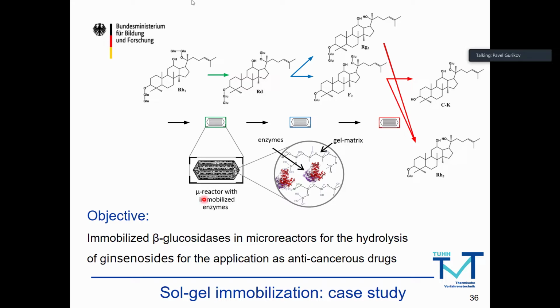Given that the enzyme is stable and the gel matrix is stable, you can inject very, very small quantities, and that was crucial for the project, because the amount of the purified extract of this initial compound, RB1, was quite small. We could not create a big reactor and study enzymatic hydrolysis by glucosidase.